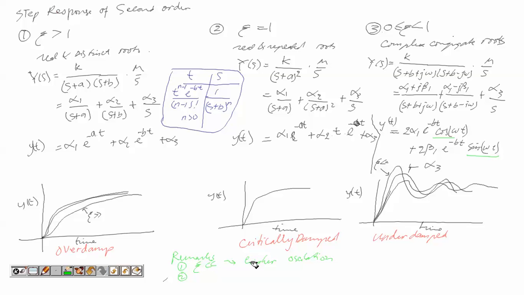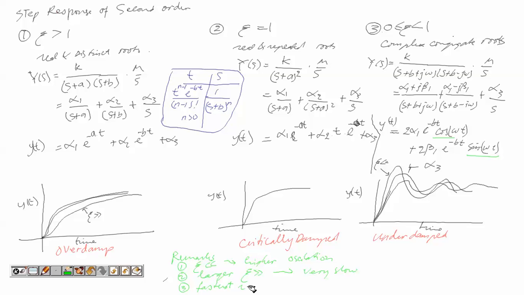The second remark: a larger theta will produce a very slow response.